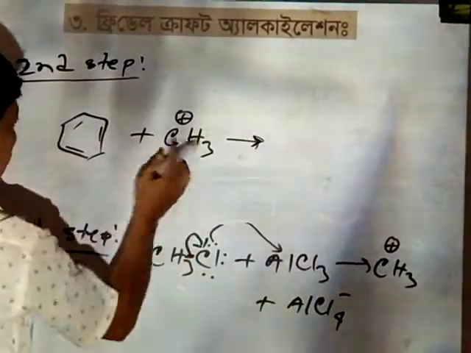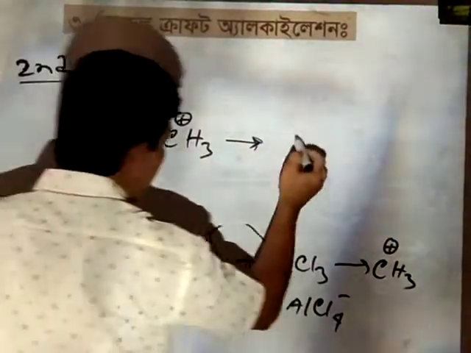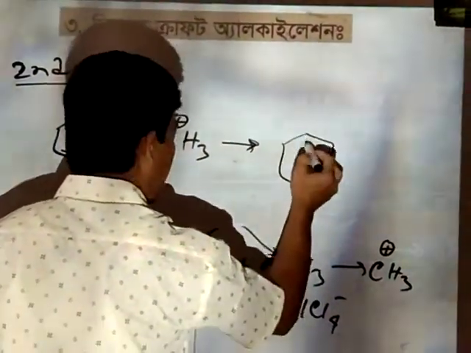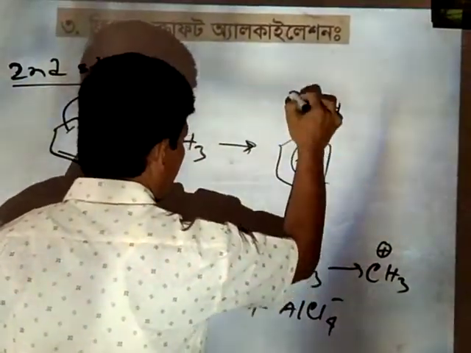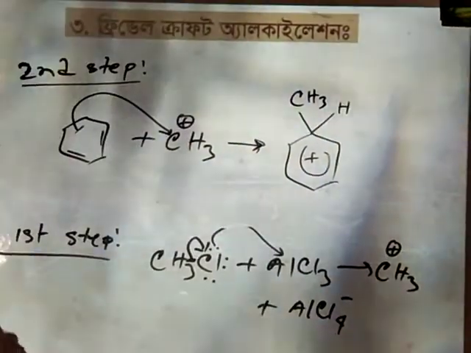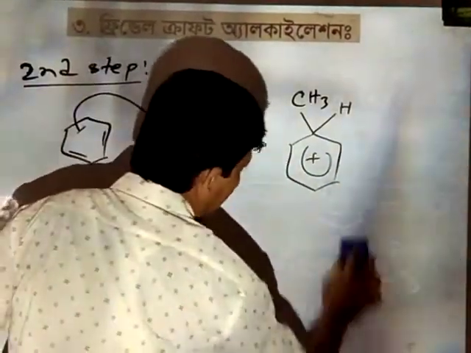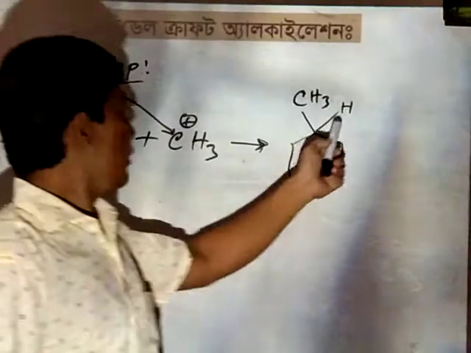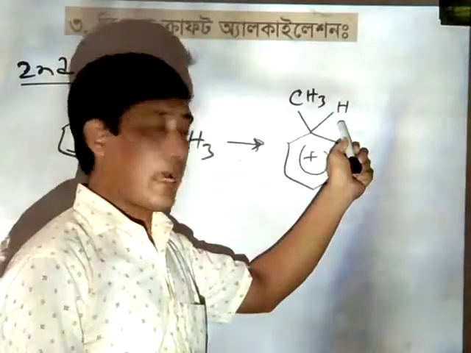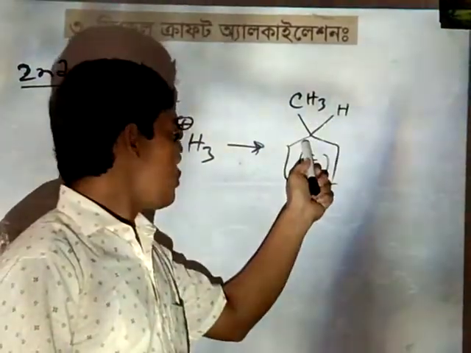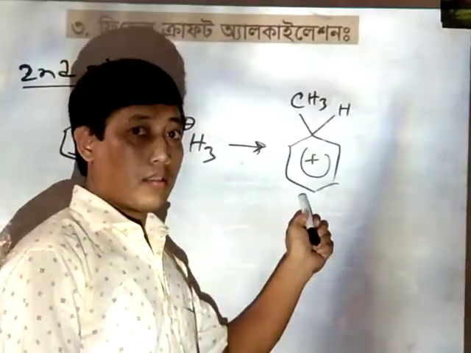Here, the electrophile attracts a pi bond and creates a sigma bond with benzene, creating a sigma complex. This is the sigma complex. In this compound, benzene has lost its aromaticity. To recover its aromaticity, we need to remove a hydrogen atom from this compound, which will be removed as hydrogen ion, and this electron pair will come to the benzene ring, and the benzene ring will get its aromaticity back.